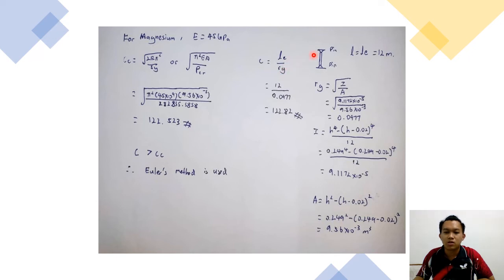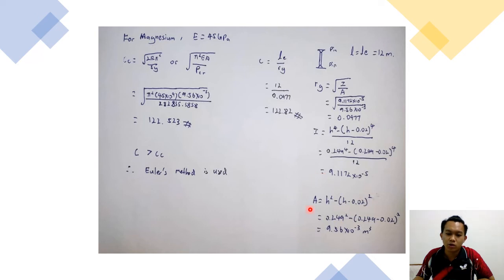Since both ends are pinned, L is equal to Le equals 12 meter, whereas Rg is equal to the square root of I over A. For I, we just substitute the value of h, 0.249, into the equation, then we get I equal to 9.1172 times 10 power of negative 5.